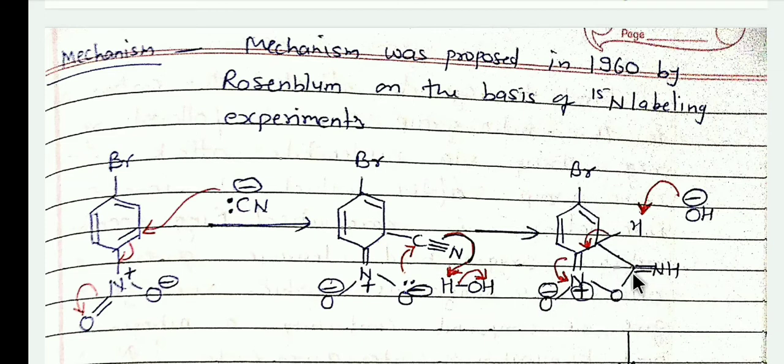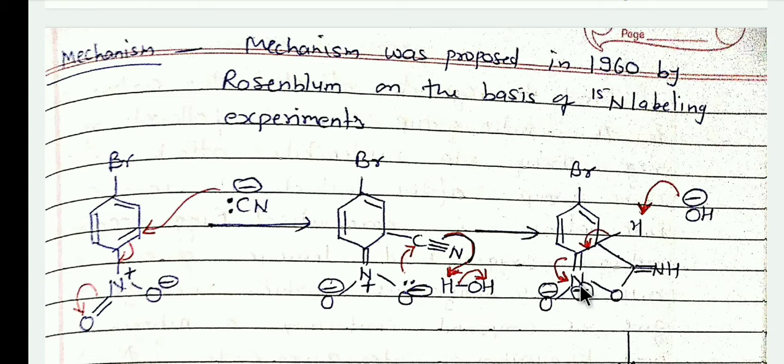The OH minus removed from the water molecule further attacks this proton and removes hydrogen as a proton, and a water molecule comes out from here. When this water molecule is removed, the bonding electrons come to this carbon atom, so this carbon atom has two electrons.